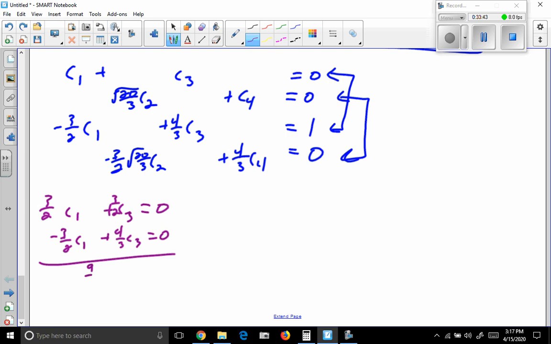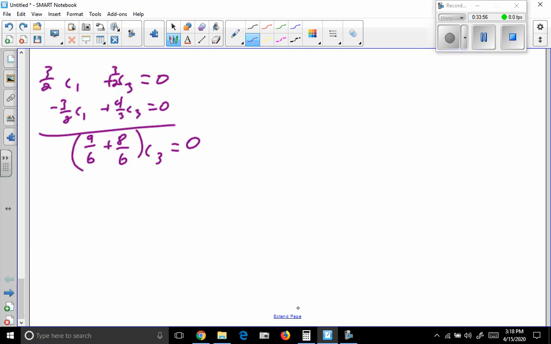So I have 9/6 plus 8/6 C3 equals 0. So that's 17 over 6 times C3 equals 0. And guess what? If we divide both sides by 17 over 6, C3 is 0. If C1 plus C3 equals 0 and C3 is 0, C1 is also 0.